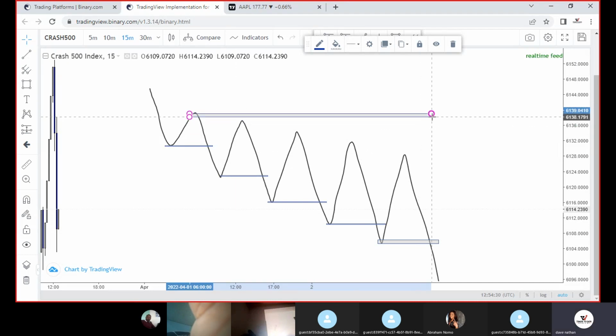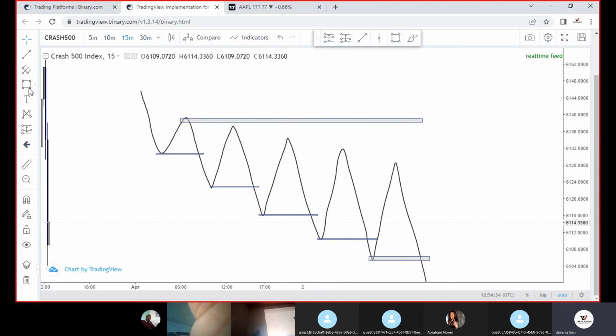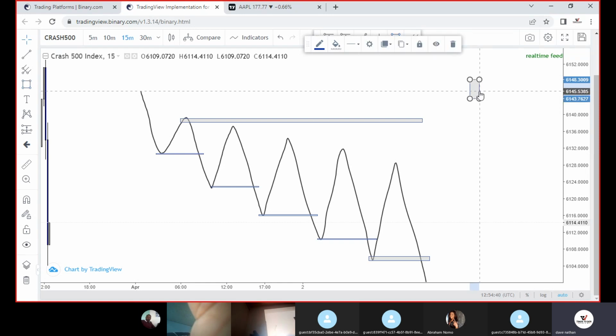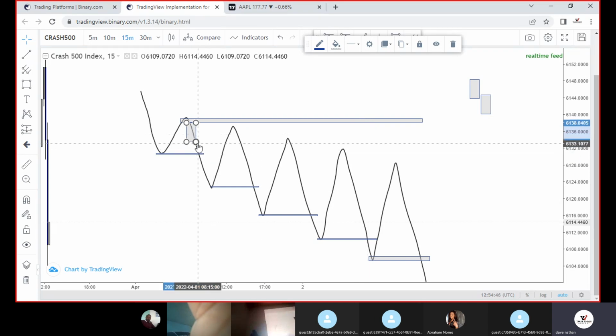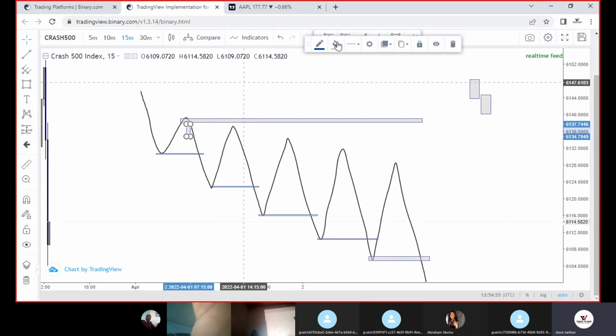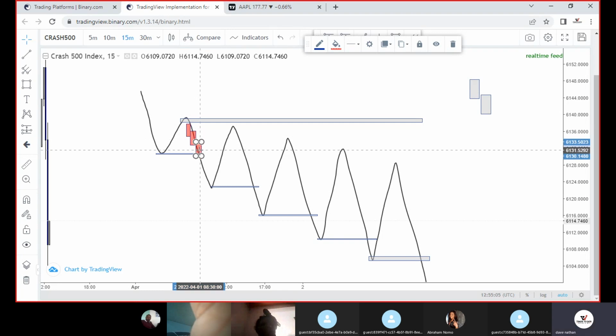Remember also, while we are on this, let me just show you this. Let me do it here. So we are going to make these candles red color. So this is more like a bearish downtrend.